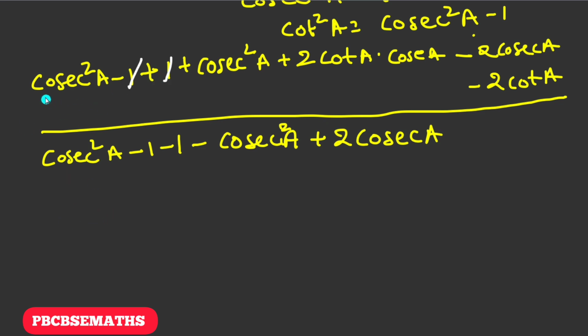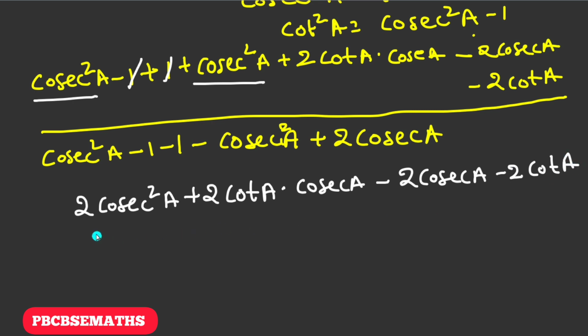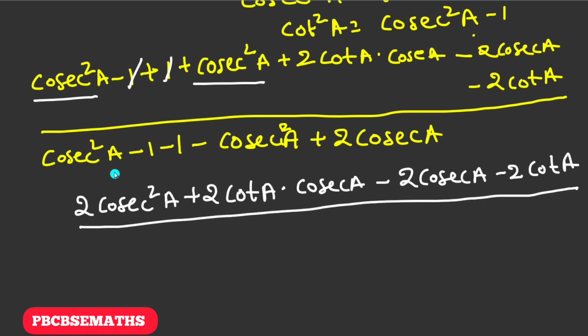Then we are left with cosec square A and cosec square A, that is 2 times cosec square A. Then let's write this plus 2 cot A into cosec A. Then write that minus 2 cosec A minus 2 cot A, whole divided by, here we can cancel this minus cosec square A and plus cosec square A. Then minus 1 gives us minus 2 plus this remaining 2 cosec A.